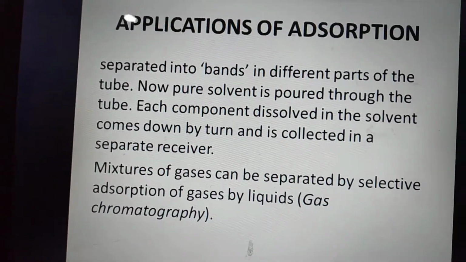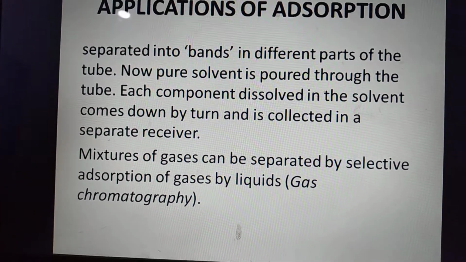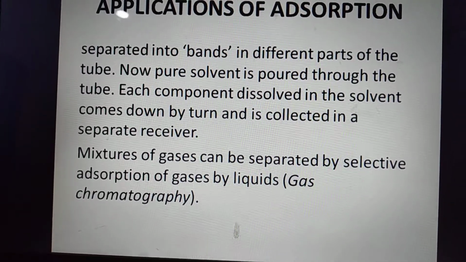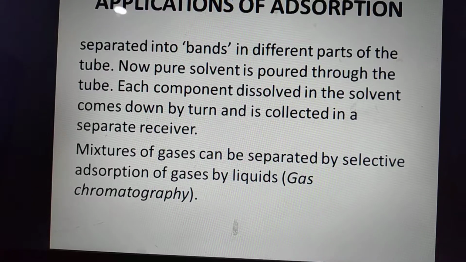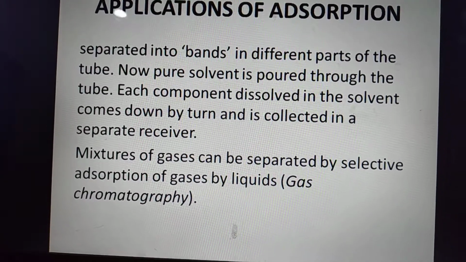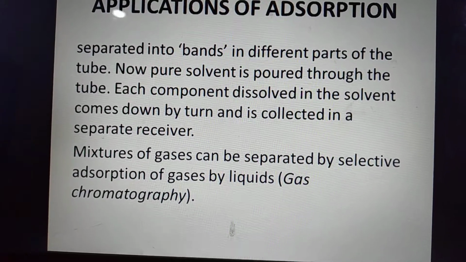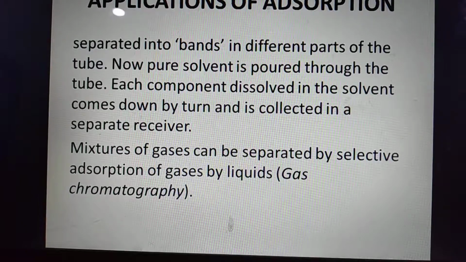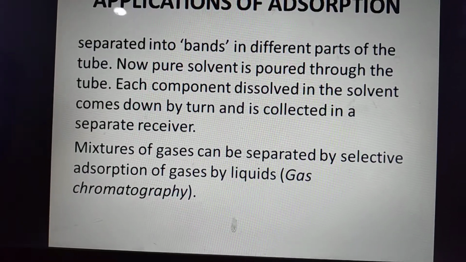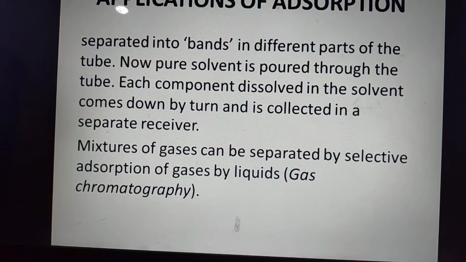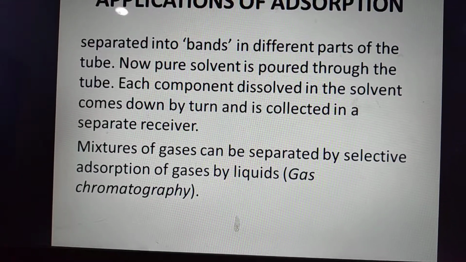Thus the mixture is separated into different bands in different parts of the tube. Now pure solvent, the mobile phase, is poured through the tube, and each component dissolved in the solvent comes down in turn and is collected in separate receivers. The component which is fixed is called the stationary phase, while the component which moves is called the mobile phase.